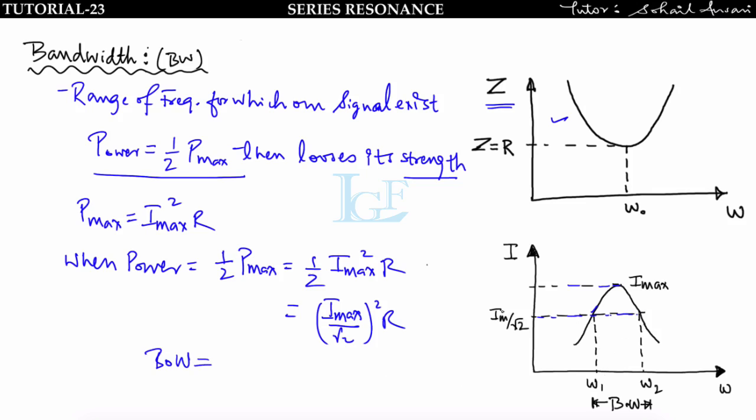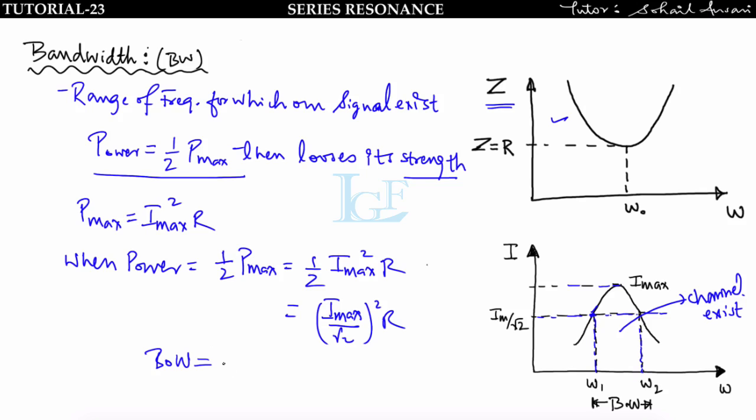If I draw a parallel line at I max by root 2, it will cut the graph at 2 points. So this is my cutoff frequency omega 1, and this is my cutoff frequency omega 2. In between omega 1 and omega 2 the channel exists, and for omega less than omega 1 and for omega greater than omega 2, the channel will not exist.